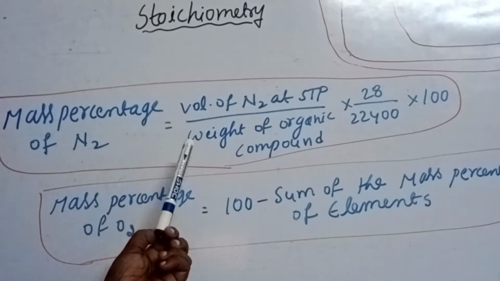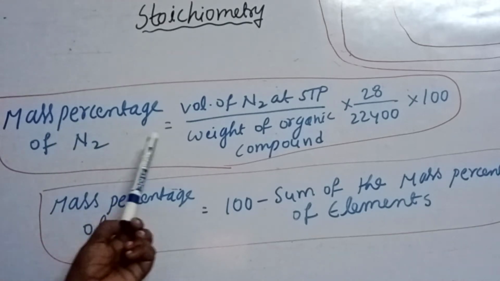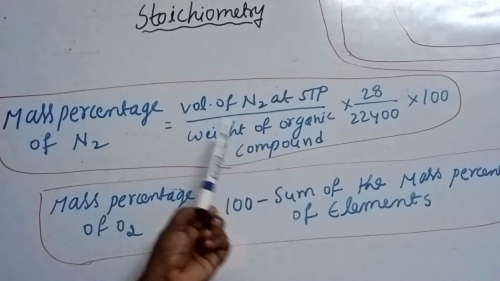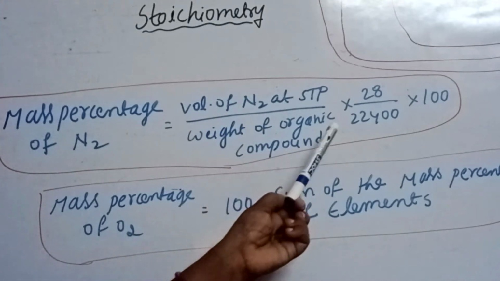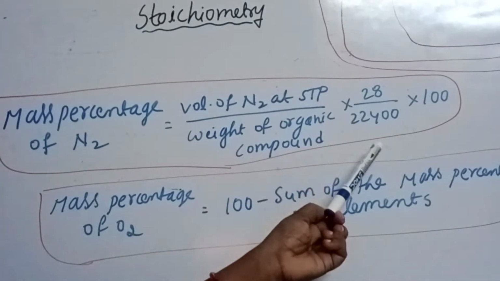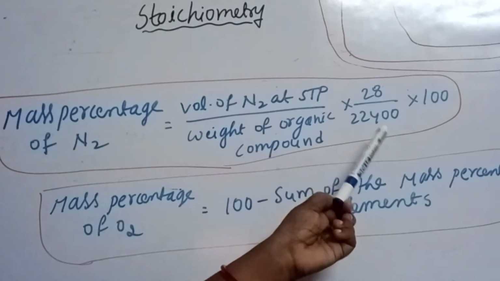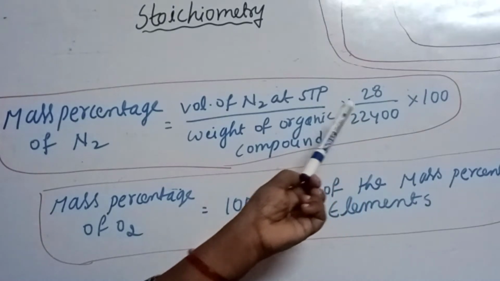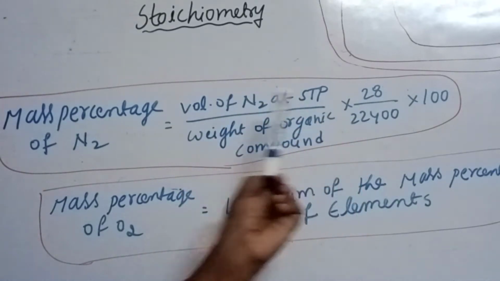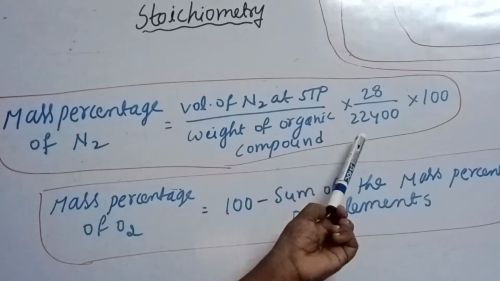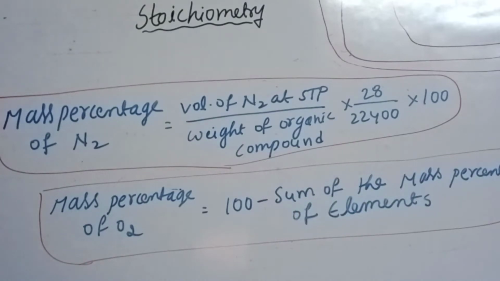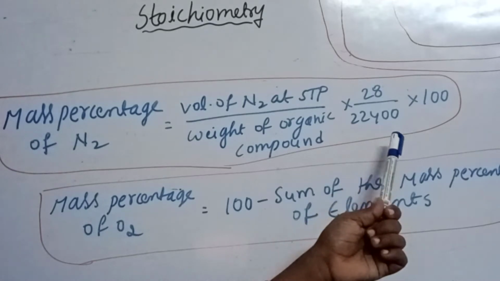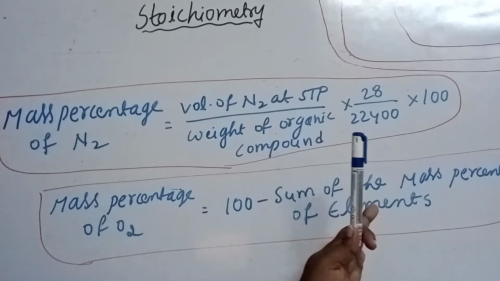Mass percentage of nitrogen is equal to volume of nitrogen at STP by weight of organic compound, into 28 by 22,400 milliliters, into 100. Here 28 is the molecular weight of N2 gas. And 1 mole of any gas at STP occupies 22,400 milliliters of volume.